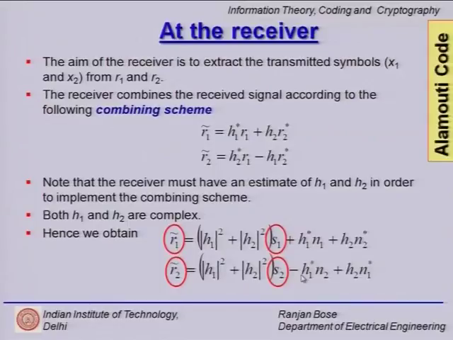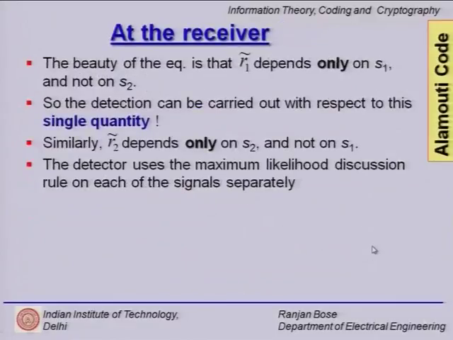This has big ramifications, because at the end my job is to guess what was transmitted, S1 and S2. Okay? So, we have to do a search, because this is the maximum likelihood decoding, and it is now a matter of reducing the search space. So, the beauty of the equation is that R1 tilde depends only on S1 and not on S2.